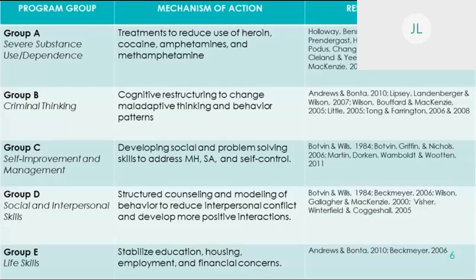By addressing these antisocial thinking patterns, we can have a strong impact on reducing future criminal behavior. And in the self-improvement and management area, we're looking at programming focused on improving social problem-solving and social skills, and that idea of self-control that would help individuals resist pressures to become involved in drug use, delinquency, and crime.